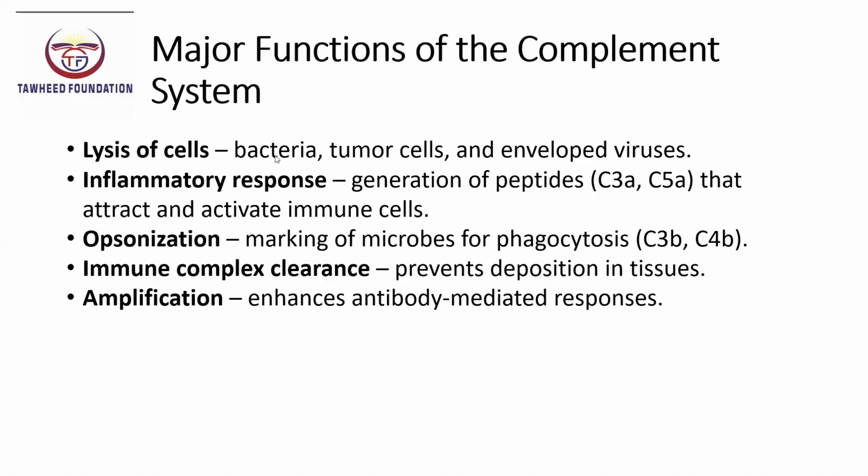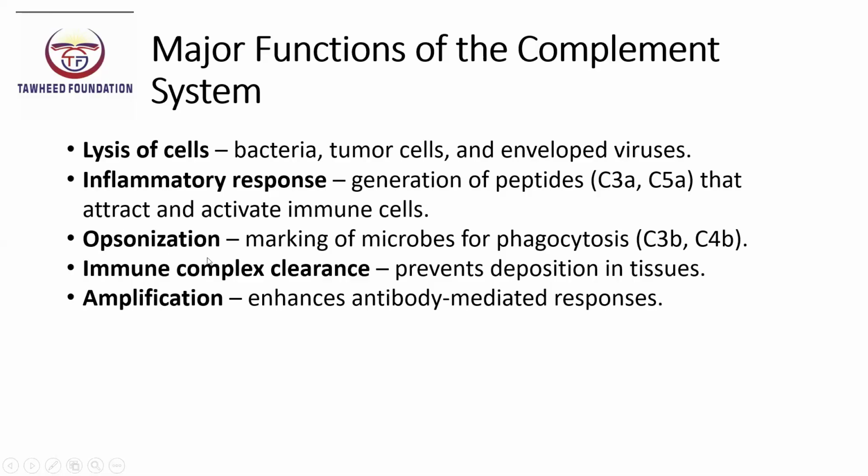So, the major functions of the complement system, which serves five major roles in immunity. First is lysis of cells, which include bacteria, tumor cells, and enveloped viruses. Second is the inflammatory response, generation of peptides C3a and C5a that attract and activate immune cells.